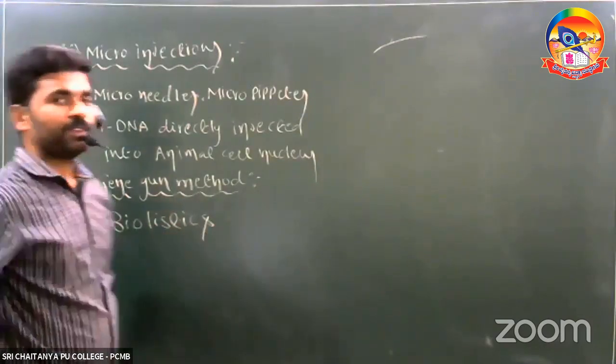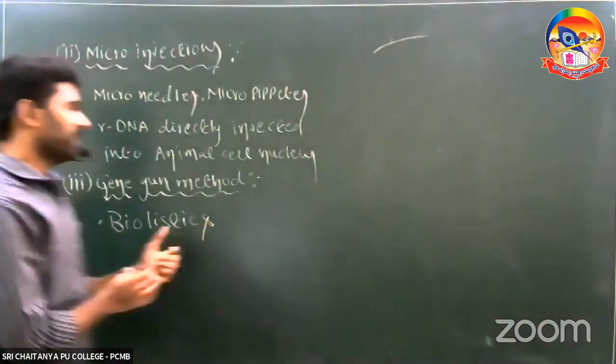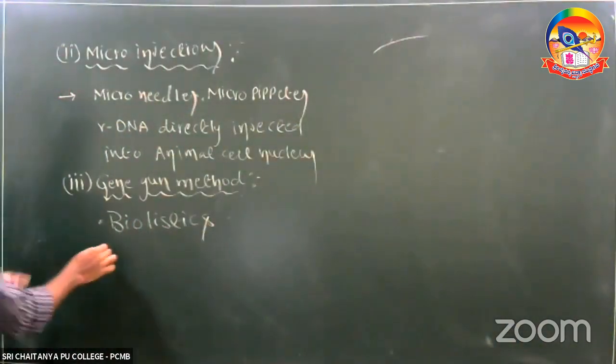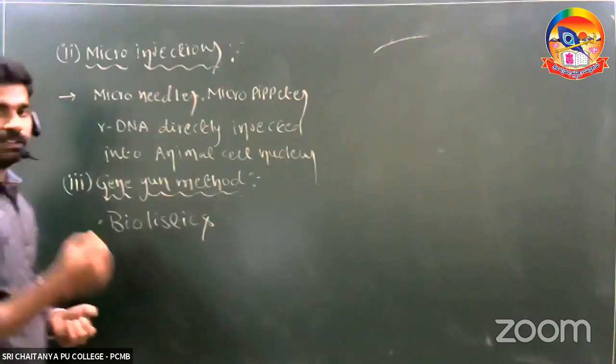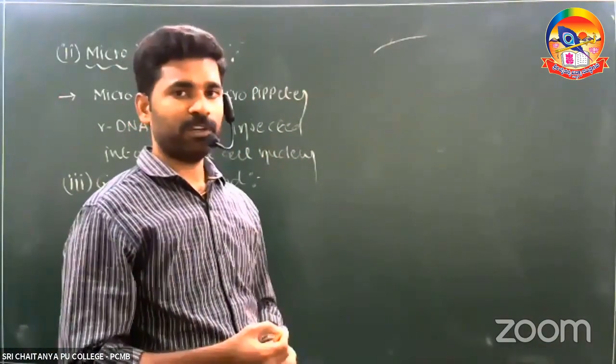Biolistics method. In this method, we're using heavy particles like gold and tungsten, tagged with DNA molecules.